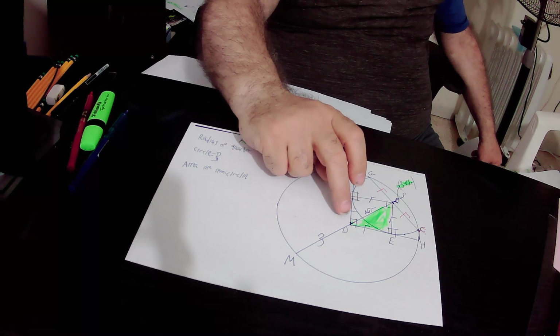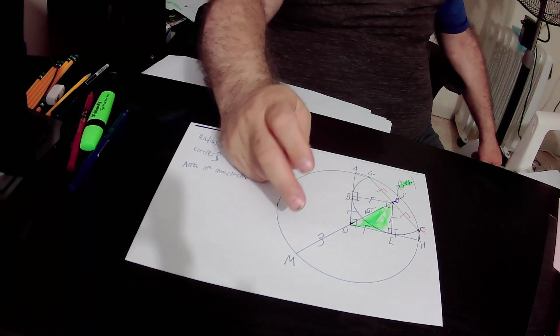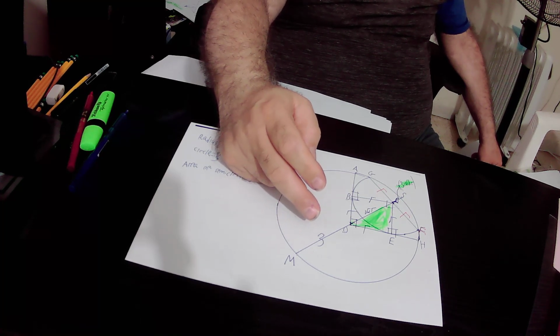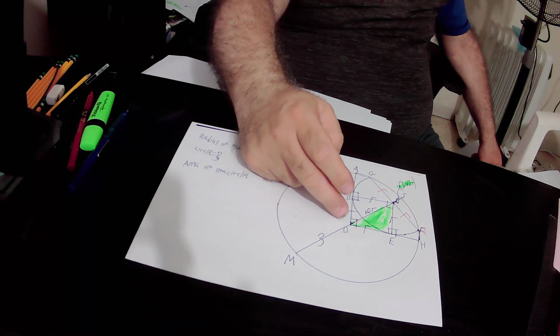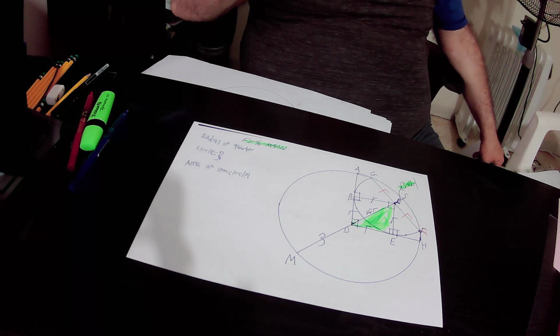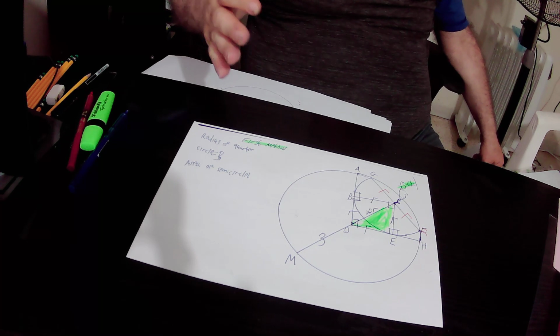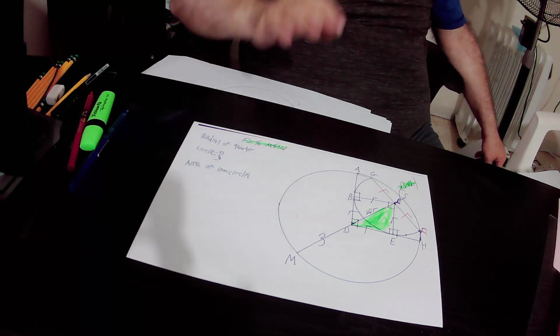O is the center of the circle and also the center of the quarter circle. M is the point of the circle itself. So any line segment that starts from the center of the circle and ends on the circle itself must be the radius. That is to say, OM is the radius of the quarter circle and also the radius of the circle. That is to say, it equals 3 units.